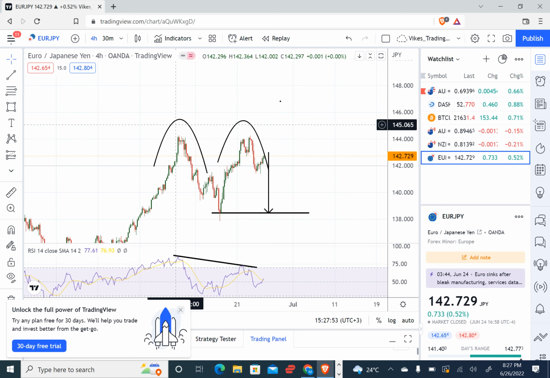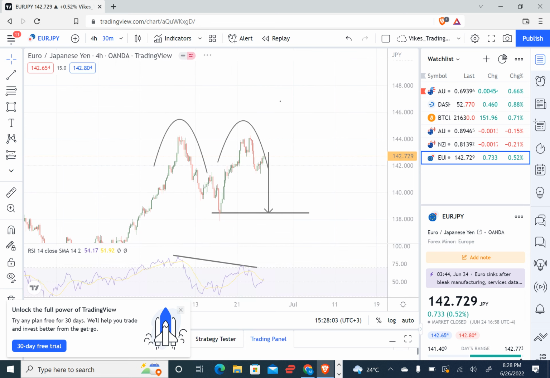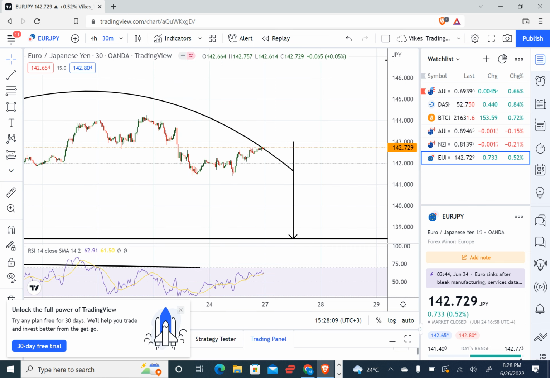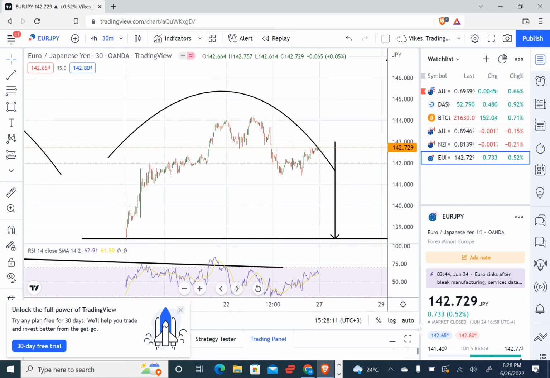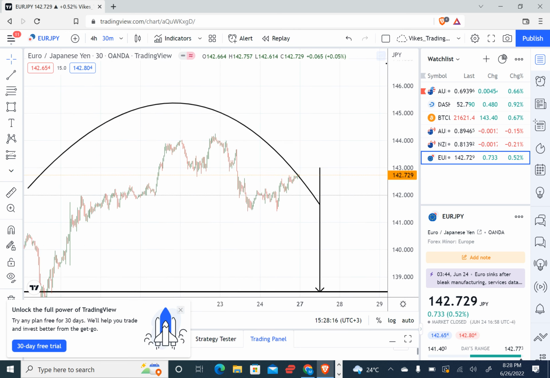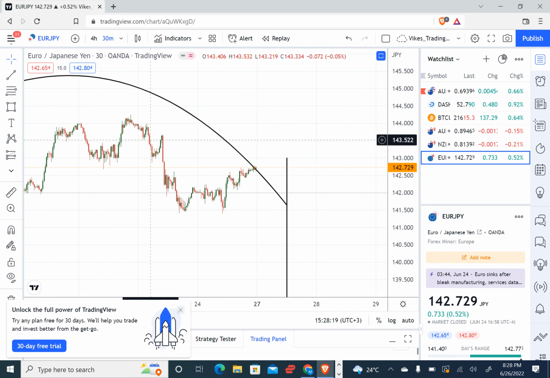So we've already identified the double top. Let's now scale into lower time frames and look for opportunities to scale into this bearish trade. For those who have my WhatsApp number, I did share this setup.